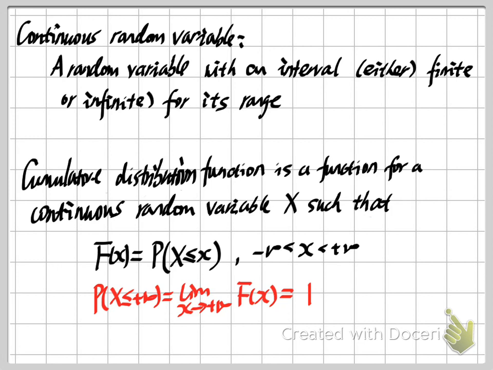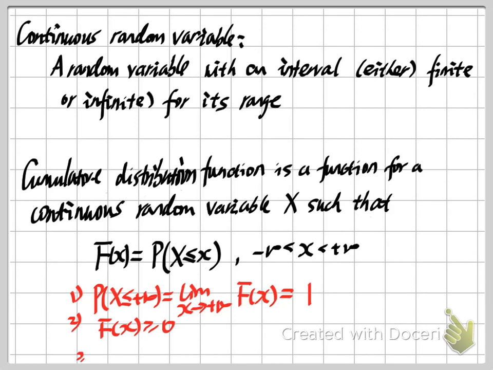And then similarly, because all probabilities should be non-negative, the second property is that for all values of x, F(x) should be greater than or equal to 0.